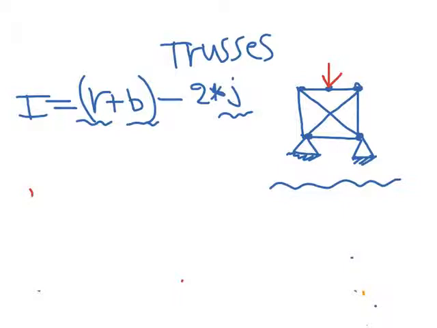We can add another member in here which makes it a stable member, or if the truss was like this, so those hinges are not on the same line, there would be a stable system. Okay.